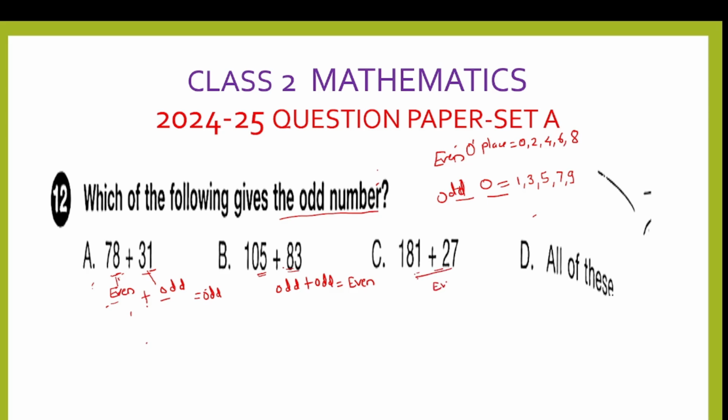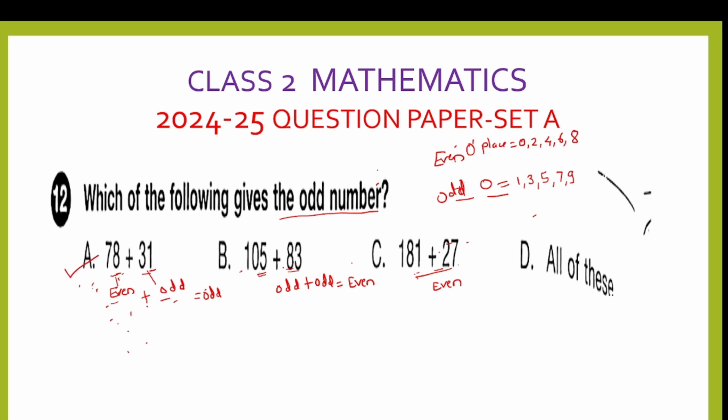This number is an even number. So from this, option A is the odd number. So we don't need to do the actual addition. And in option B, odd plus odd number becomes even. And in option C, the odd number plus odd number becomes even number. Therefore, the answer for this question is option A.